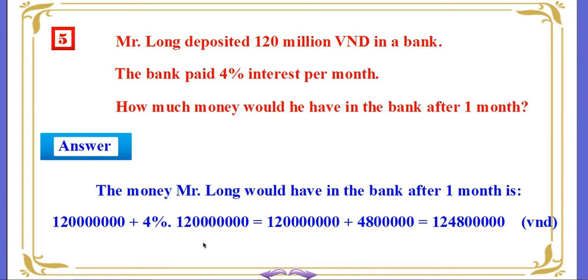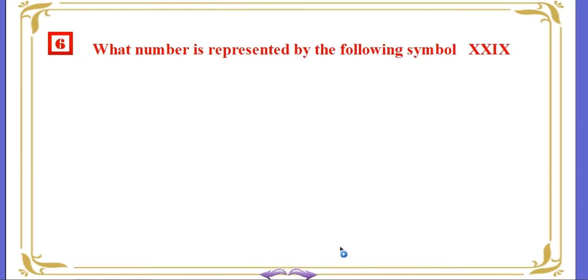The amount of money Mr. Long would have in the bank after 1 month is 120 million Vietnam dong, the deposit, added to 4,800,000 Vietnam dong. So the total is 124,800,000 Vietnam dong. We finish lesson number 5 and continue with lesson number 6.